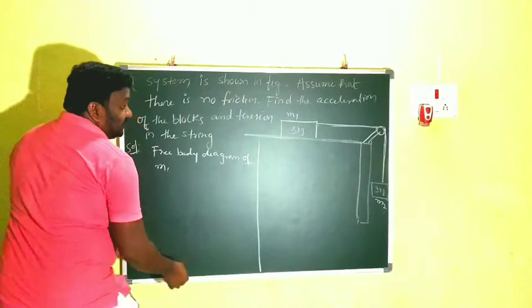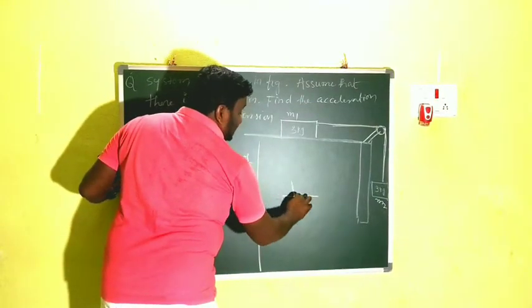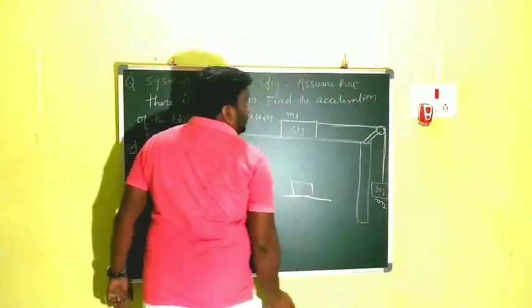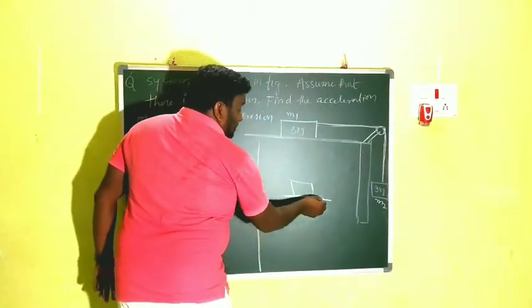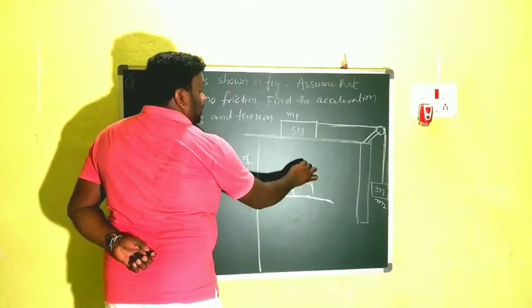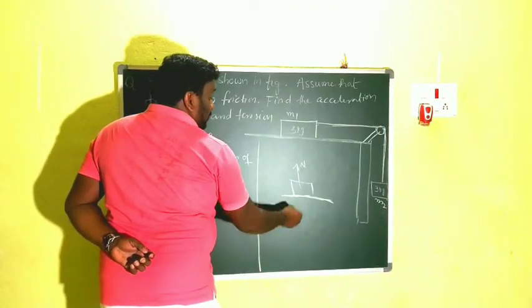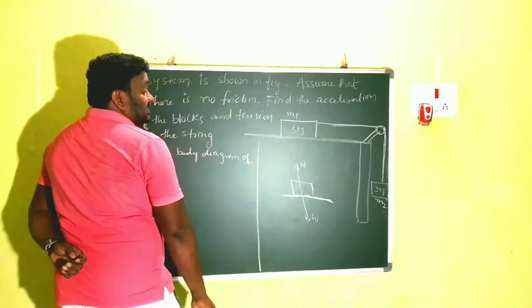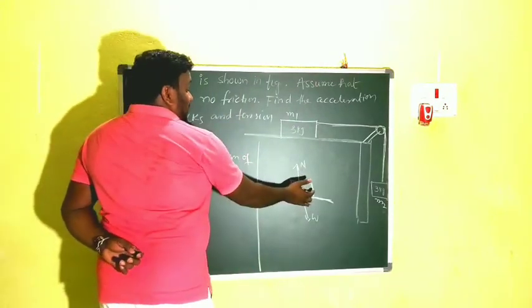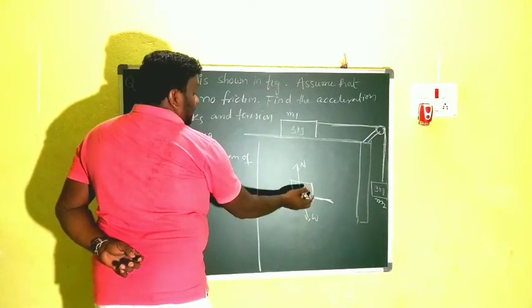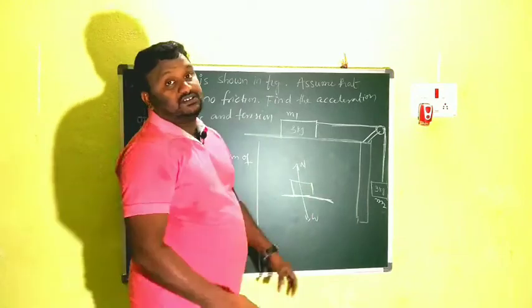So here we know that when the object is on a surface, there is some upward force acting, which is called the normal force, and downward is what we call weight. I explained already. This is the object, on that the normal force is acting upwards and weight is downwards.